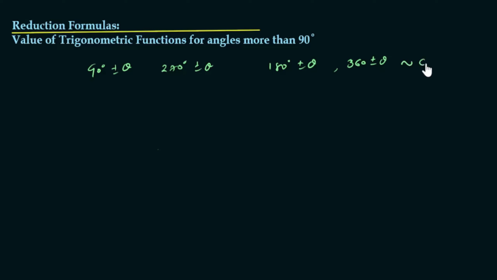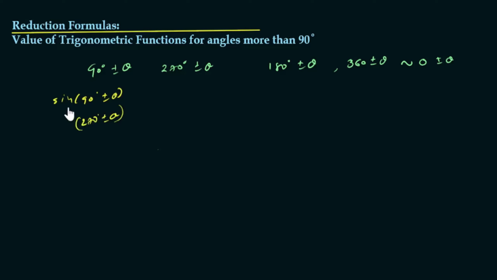Whenever we have angles 90 or 270, consider sine of 90 plus or minus theta or 270 plus or minus theta.